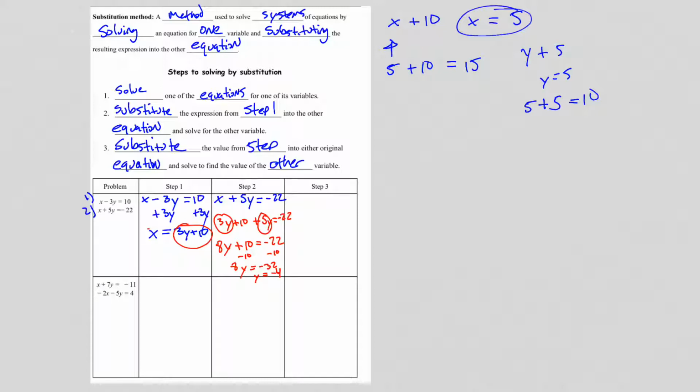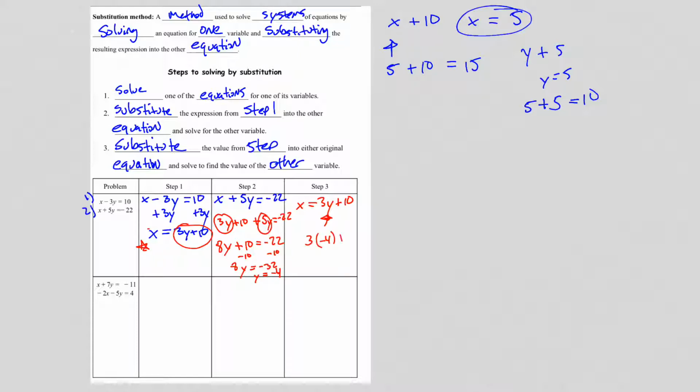Now that I know what value y equals, I can figure out what x is equal to. If you recall, x is equal to 3y plus 10. Plug in the value for y. You know that y now is equal to negative 4.